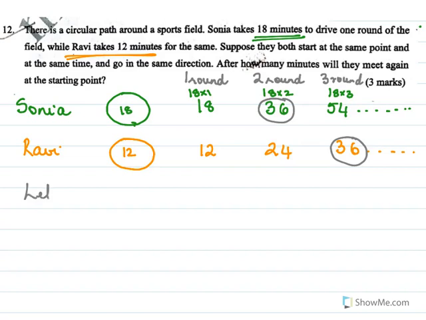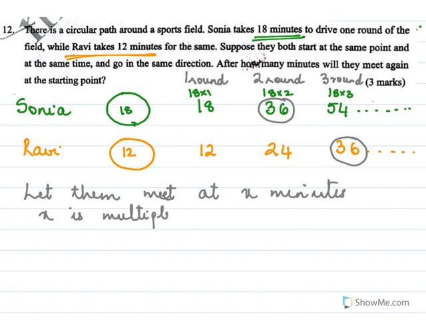So let them meet at x minutes. So x is a multiple of 18 and x is also a multiple of 12.